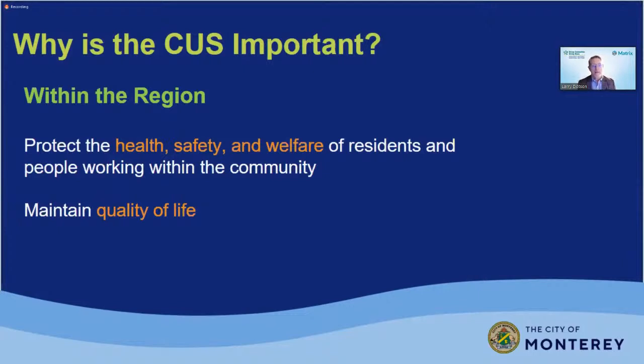So the study is looking first and foremost, and this is more the case with Fort Hunter Liggett and Camp Roberts in the south part of the county and the northern part of San Luis Obispo County, at the health, safety, and welfare of residents. Typically, we see with military installations the impacts of noise, overflight, and aviation accident potential.